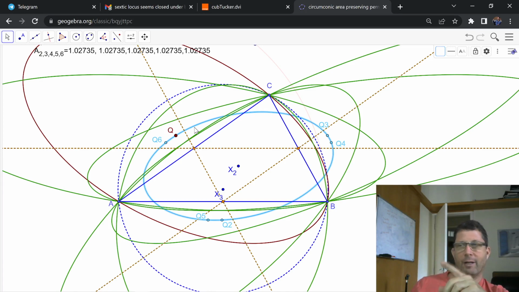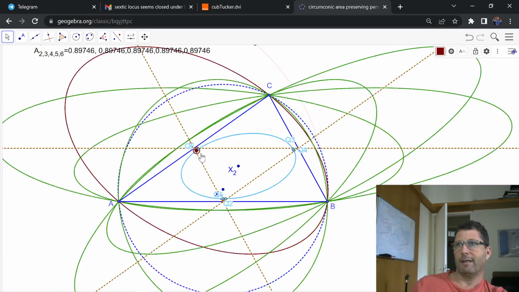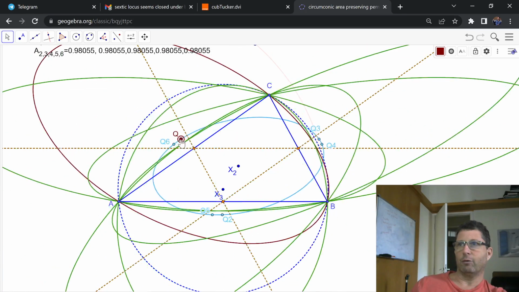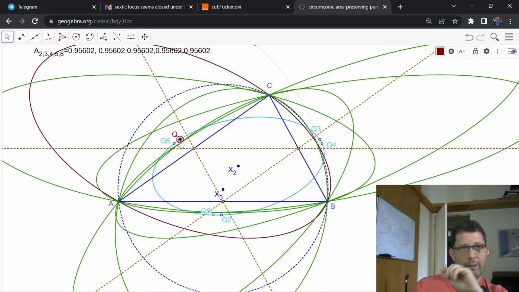So what I realized was that if you actually draw the 5 circumellipses centered on each one of these permuted positions of Q, so namely here on this picture Q2 through Q6, those 5 circumellipses, shown here in green, have the same area as the Q-centered circumellipse.